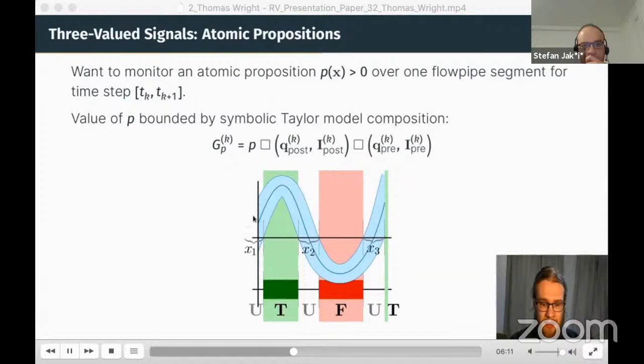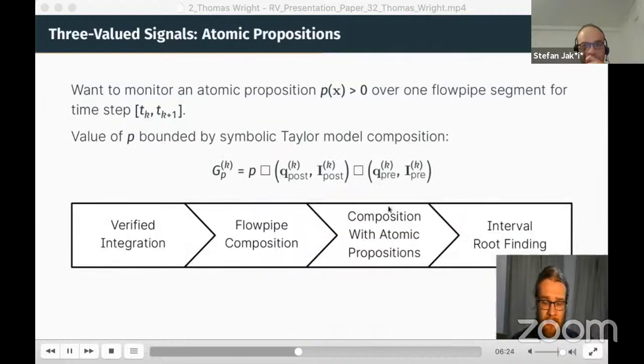We can then apply interval root finding to this to give bounds on the uncertain regions of the signal, and then fill in the values in between just with interval evaluation. So our overall verification procedure proceeds first from the FlowStar verified integration. Then we must compose the two halves of each of these flow pipes.